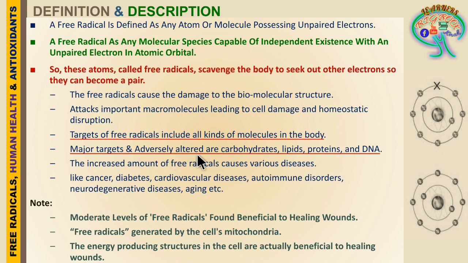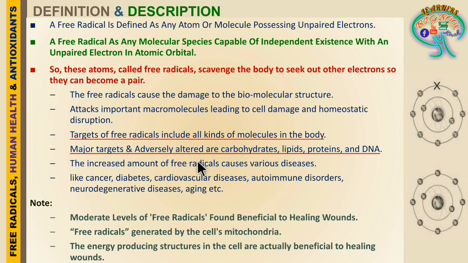When they get adversely altered, they leave a mark behind within the cells and their expression. The increased amount of free radicals causes various diseases, as it gives adverse effects on these macromolecules.